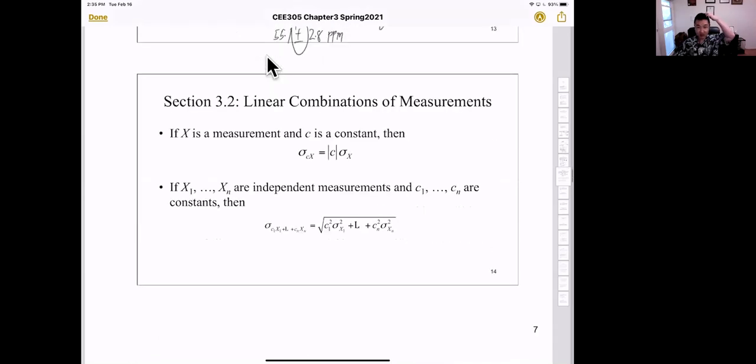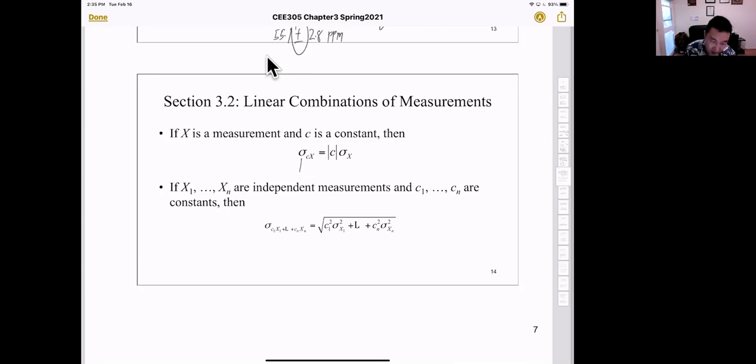The next section is called linear combination of measurements. If we have a measurement x and a constant c, then the standard deviation of cx is equal to the absolute value of c times sigma x.